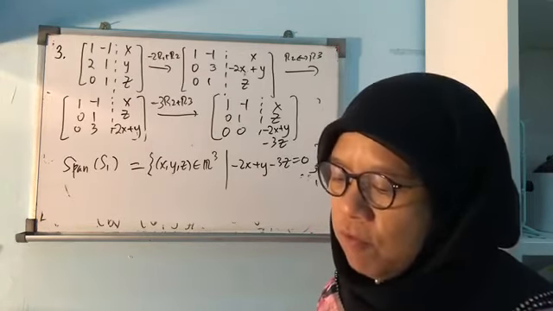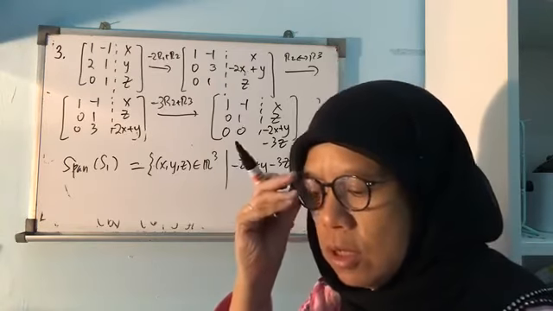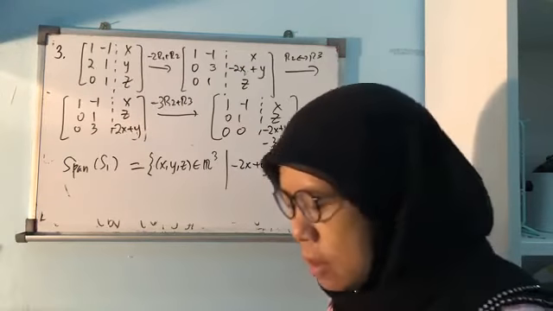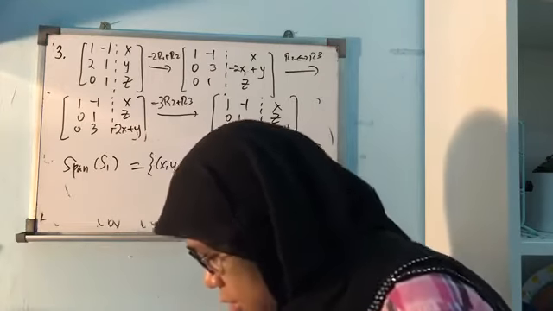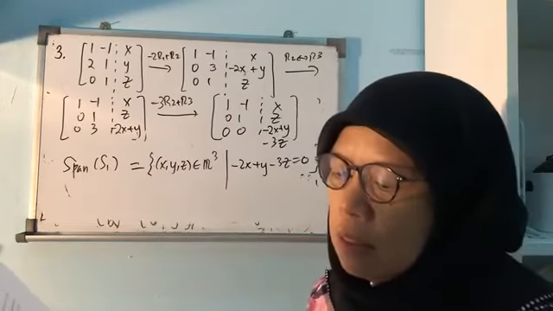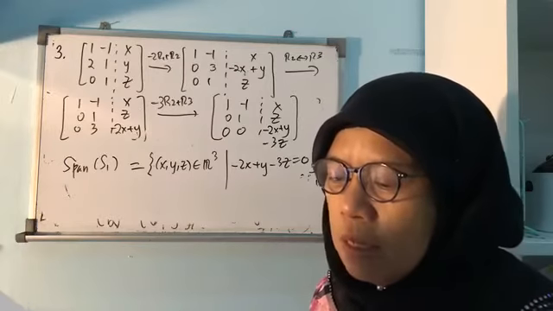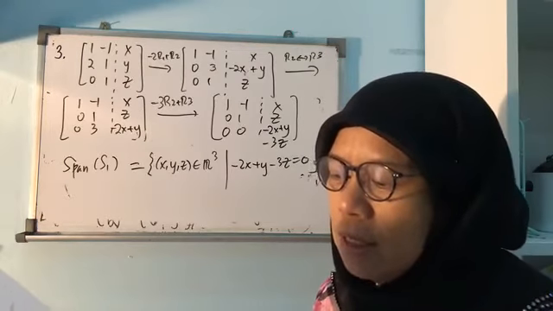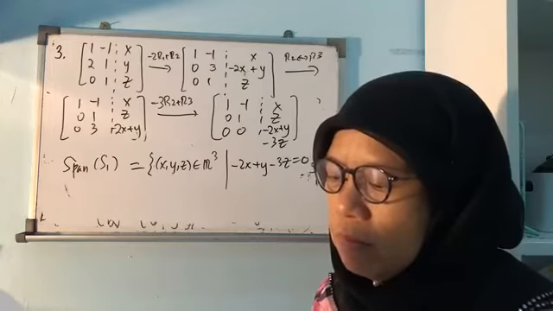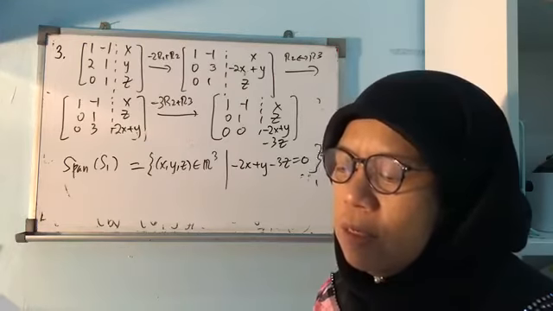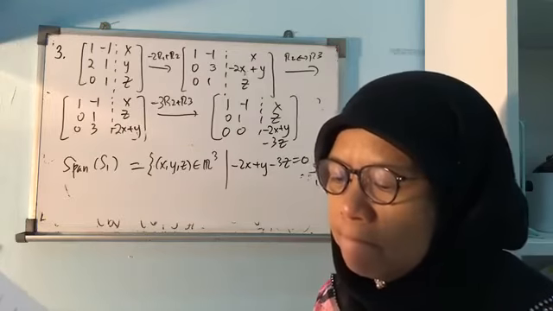Now number 4. Show S2 is not linearly independent. Okay, you see, this is in R2, but there are 4 of them. So definitely too many.